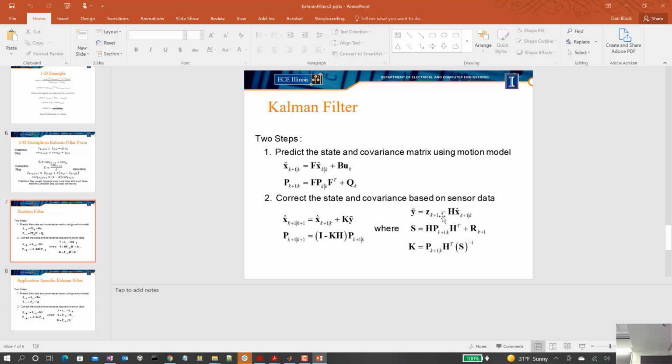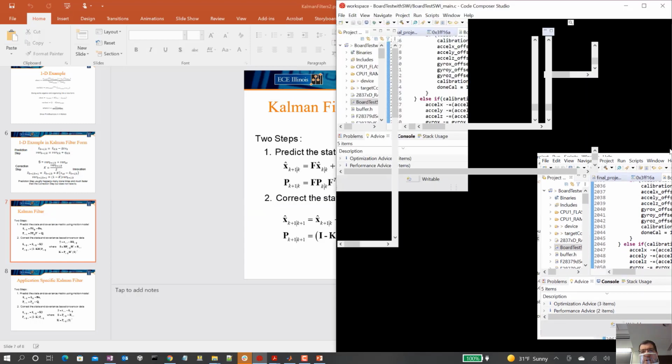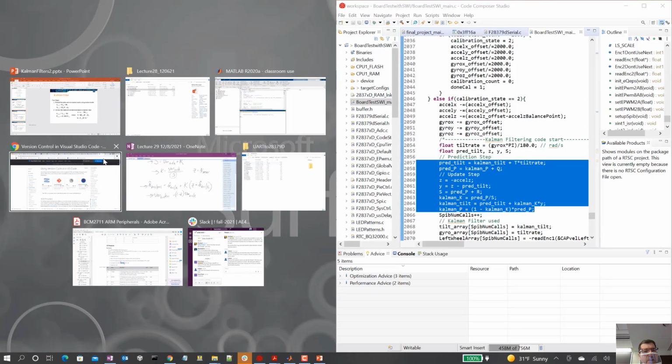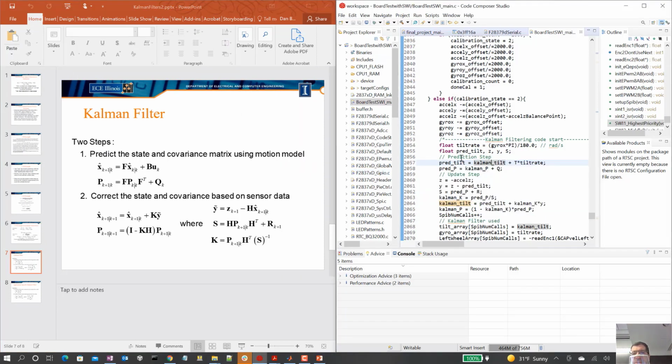All right, let's even just look at the code. And this is what you guys implemented in your code. So let's see if I can put them both up here, both the equations and our code. So yeah, okay, look at this. So what are we doing? Kalman tilt is just our most current prediction, okay? And tilt rate, look at tilt rate here.